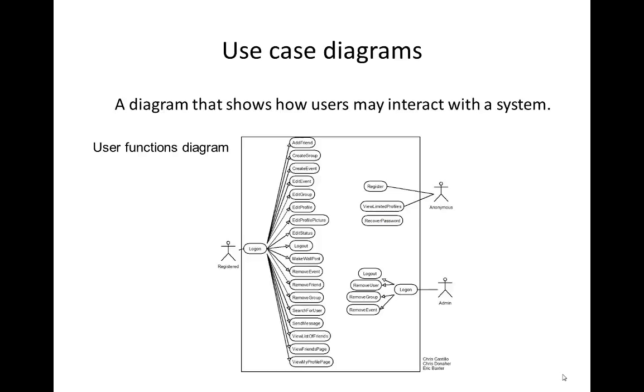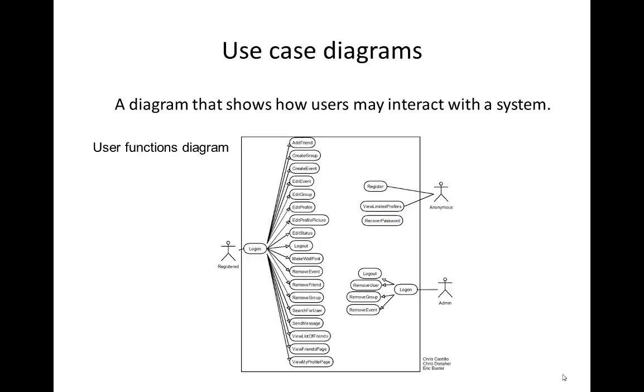They can create groups, remove people from groups, send messages, etc. So there's a whole list of things that registered users can do, and an anonymous user can register and then become a registered user, but they can also have some limited profile information on the users.